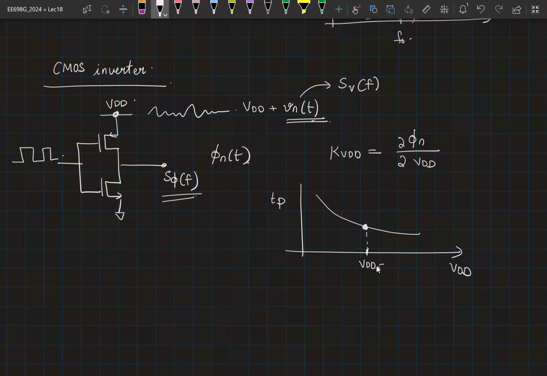Once you have the KVDD, then I can write my phi n of s as KVDD times the noise in the VDD as a function of s. In other words, my phi n of t was equal to KVDD times Vn of t.